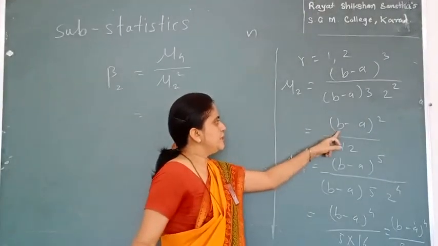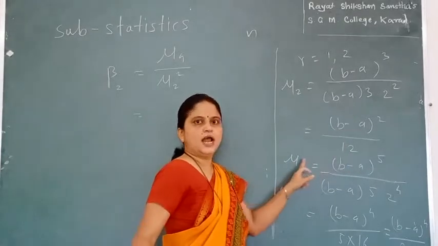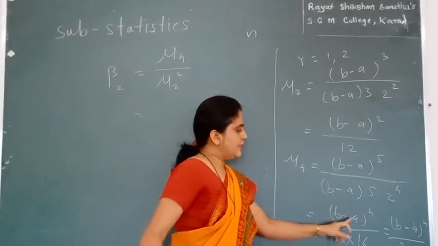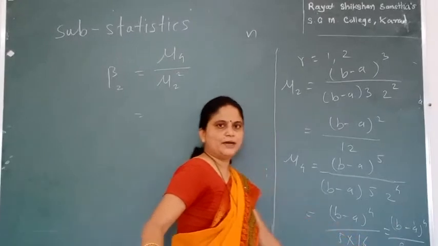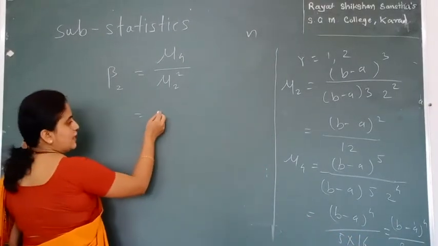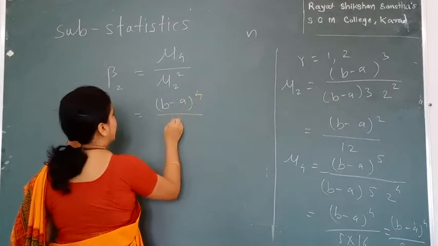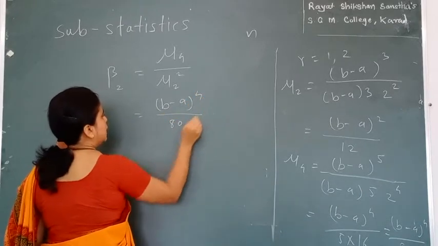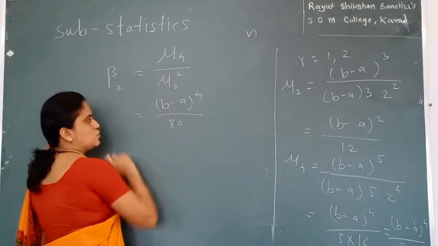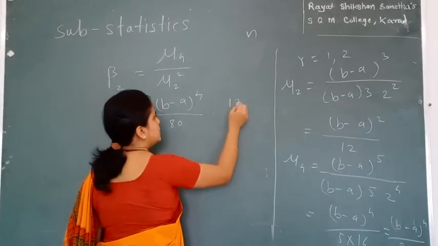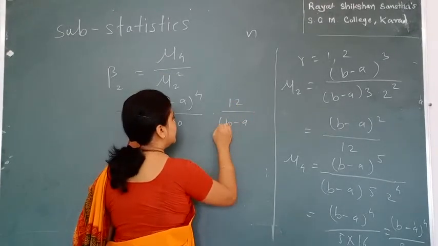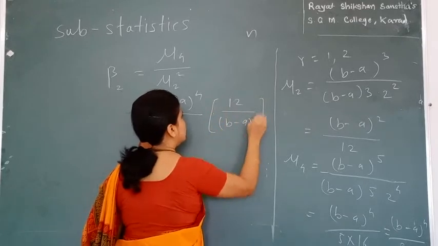Mu 2 is (b minus a) square divided by 12 and mu 4 is (b minus a) raised to power 4 divided by 80. So we get this as (b minus a) raised to power 4 upon 80, and in the denominator I have mu 2 square. So mu 2 square, that is 12 upon (b minus a) square raised to 2.